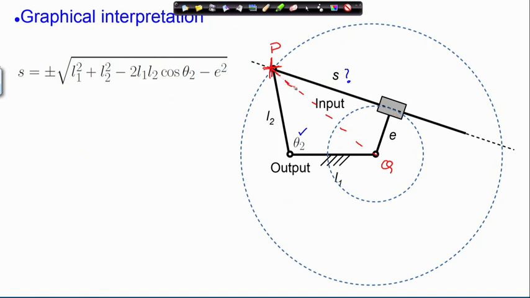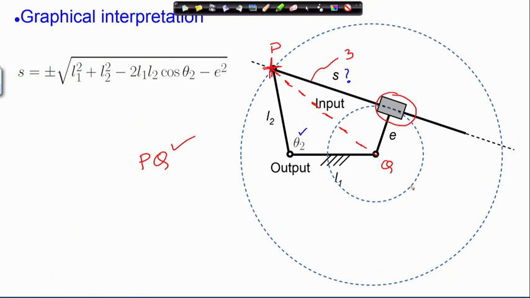I know this distance, I know PQ. PQ, as we have seen, is known. The orientation of the line is known, everything is known about PQ. Now, how do I find out S from here? Remember that the coupling link, link 3, passes through this prismatic pair.